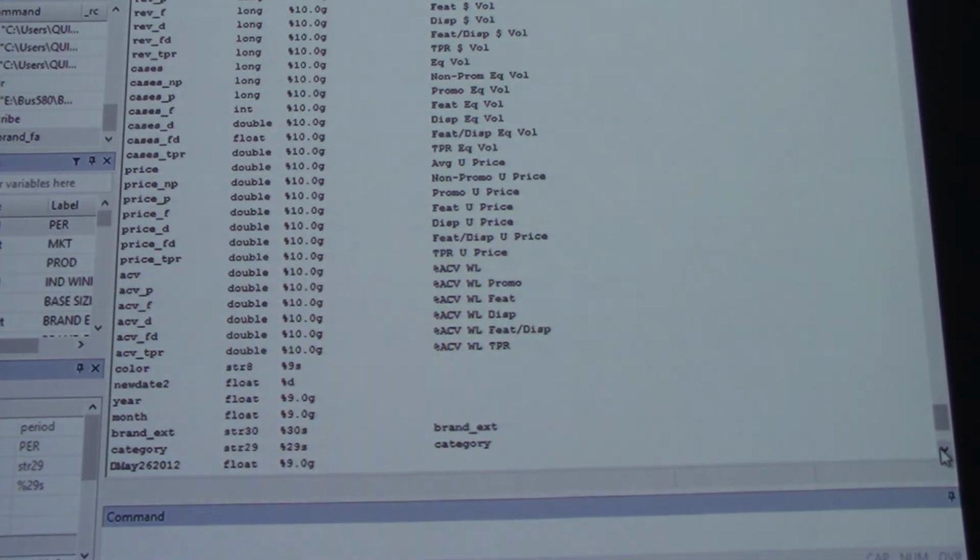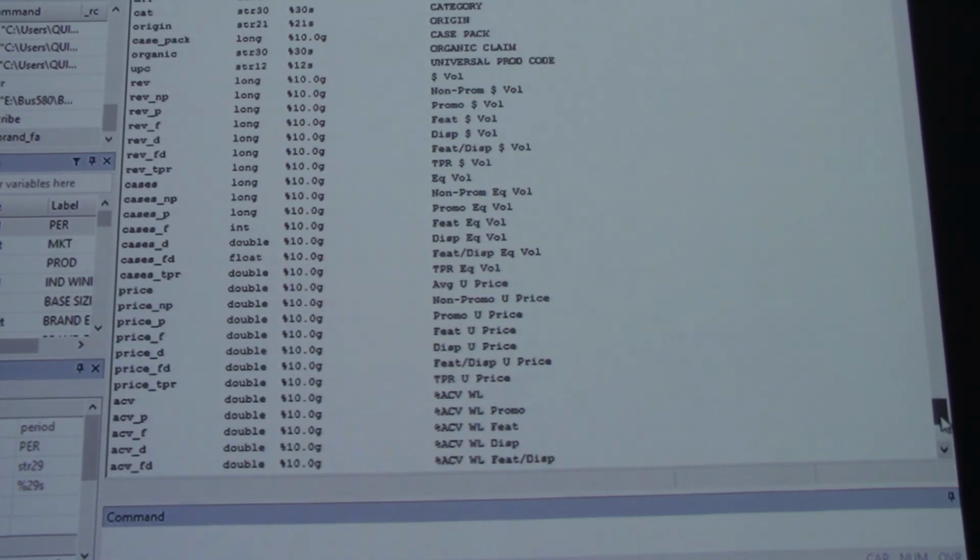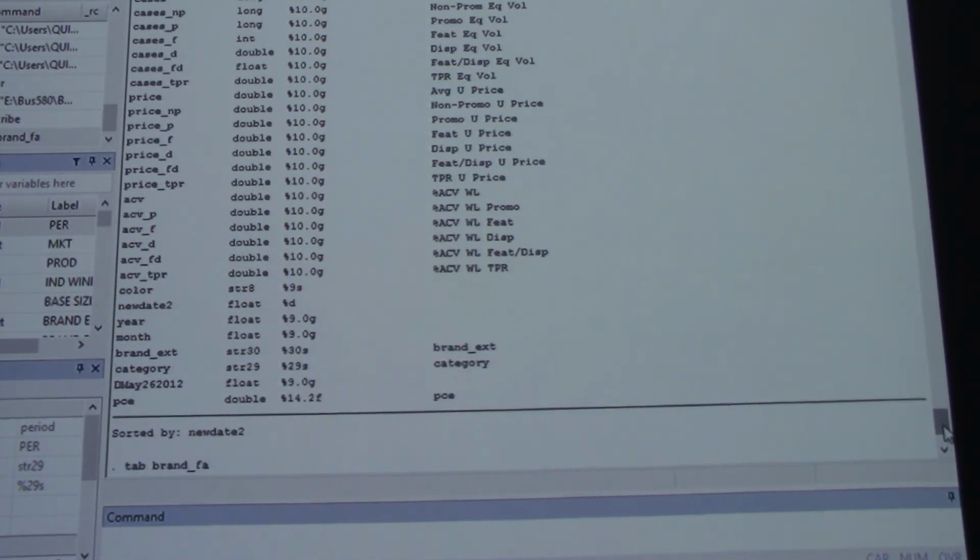Like I said, Nielsen's going to charge you for pretty much everything. All right, the one thing that is not in here, did I not bring it? No, it is in here. And then PCE is personal consumption expenditures.